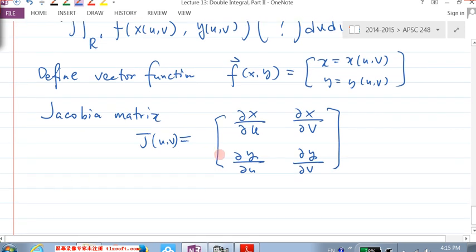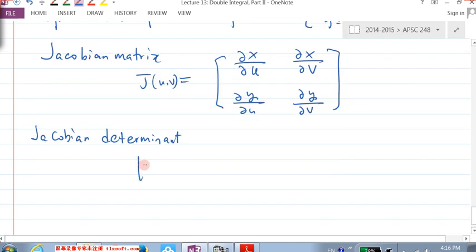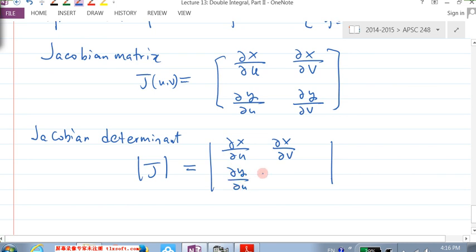Then from here, we're going to calculate the determinant of this Jacobian matrix, the Jacobian determinant. We use the absolute value bars to represent the determinant. This is a 2 by 2 matrix, so what's the determinant?